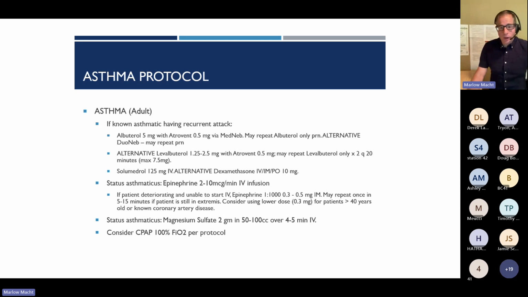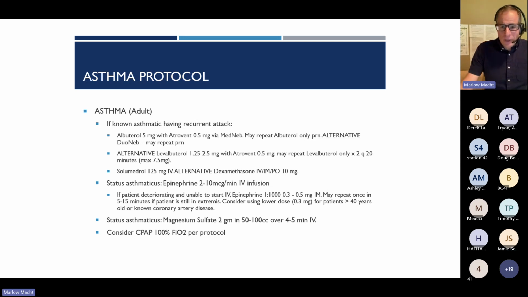This can be incredibly helpful, and for patients that are really in distress, this can really help to turn things around. Particularly with young patients, you can be fairly aggressive about titrating up the epinephrine to try to get them turned around. Often that'll give you just enough room to be able to get the bronchodilators in to really turn them around.